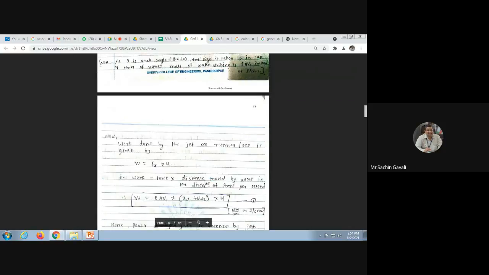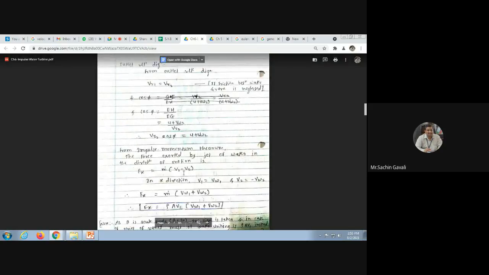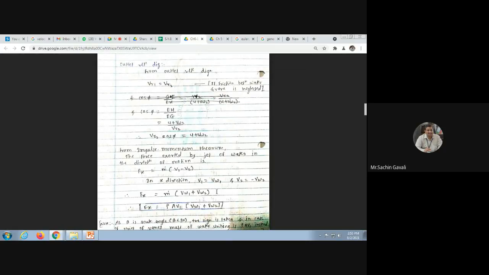Okay, so the work done by the jet on the runner is equal to Fx into U. So Fx is rho a V1 into VW1 plus VW2, into U1. Actually the formula is V1 minus V2, but V2 is minus VW2, and therefore V1 minus of minus V2 becomes plus.